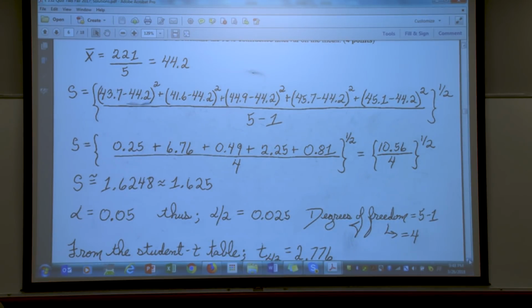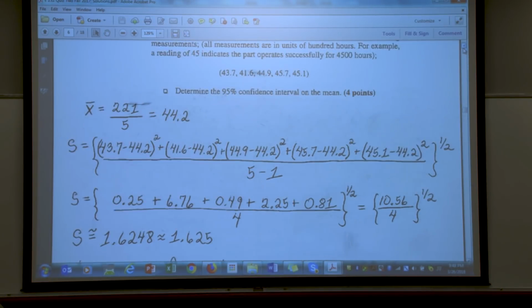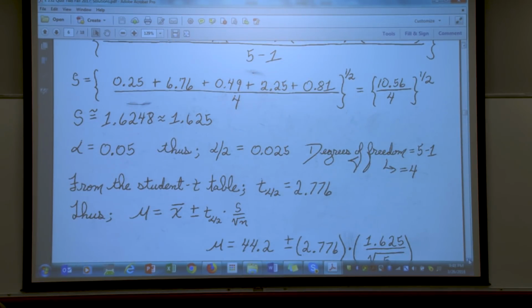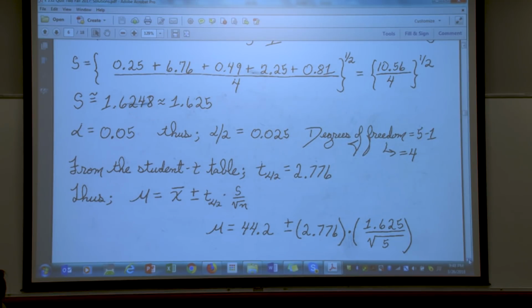Now, wait a minute. What's this alpha stuff? What's my confidence level? 95%. That means the tails of the distribution total 0.05.